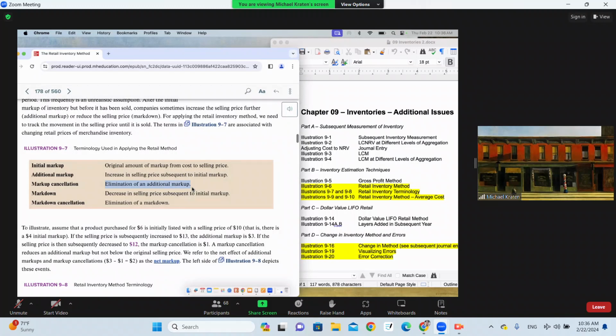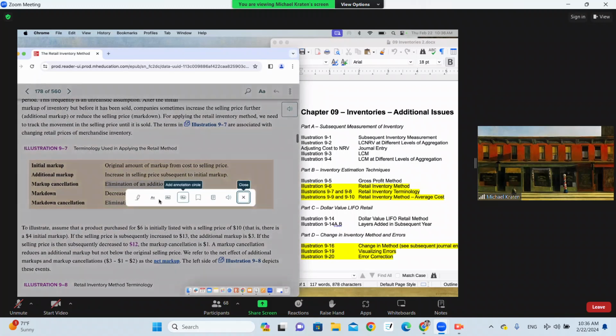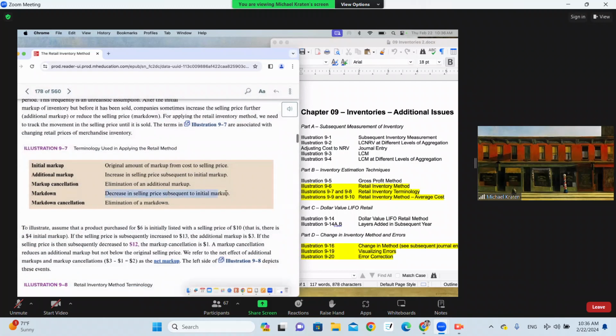People are still not buying this thing. What if the day after that you reduce the price from 10 all the way to 7? Well, then you're no longer just eliminating a markup. You now have a decrease in the initial selling price. That's a markdown of 3.